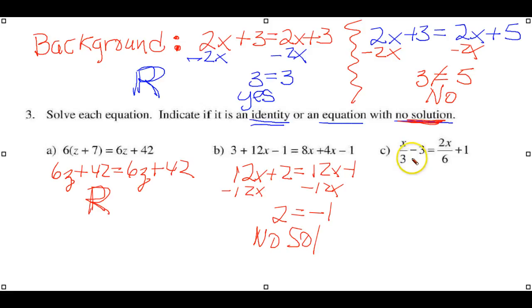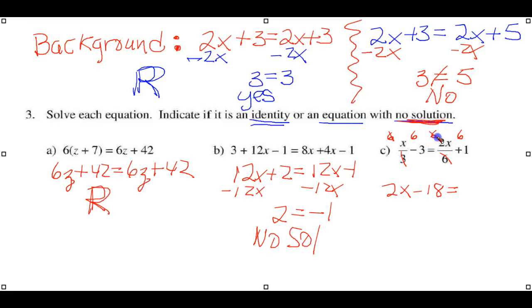Now here we're going to use our technique of getting rid of the fractions by multiplying every term by what? Just say it out. 6. And there's 2 terms on this side, 2 terms there. You have to multiply everything by 6. So here this cancels and we get 2x minus 18.